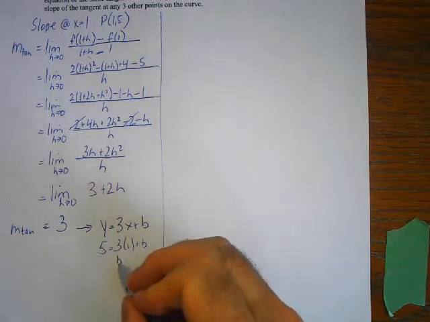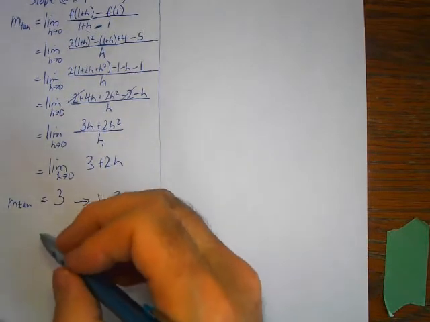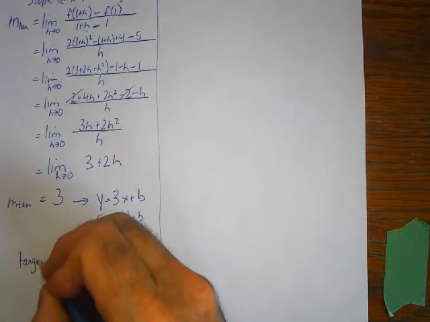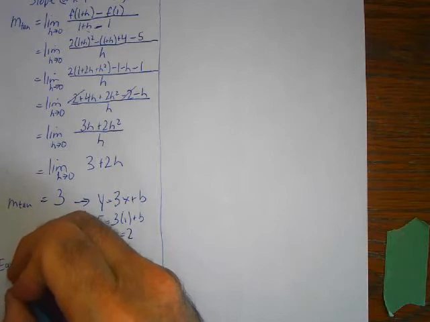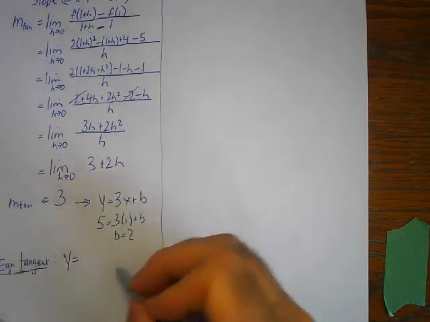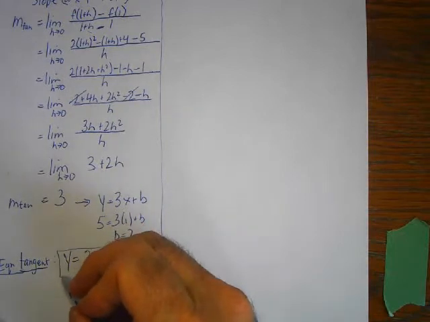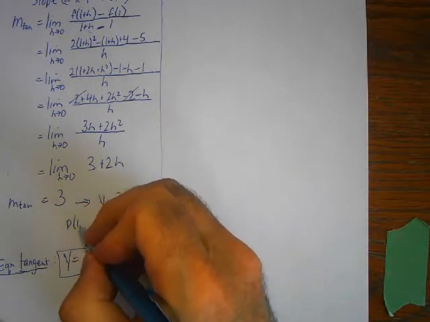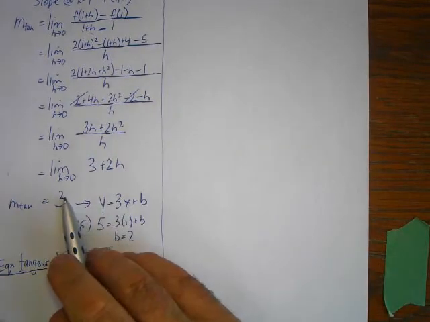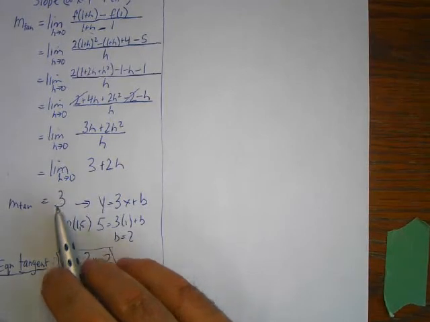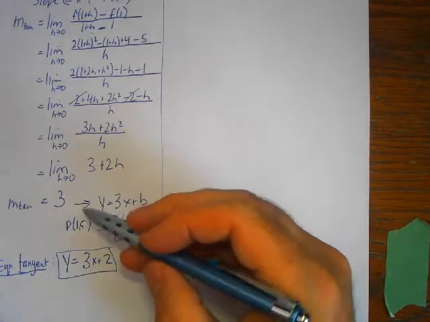And therefore, the equation of the tangent is y equals 3x plus 2. So I plugged in 1, 5 here. That's the slope of the tangent at point P, and for the equation of the tangent, we just used the slope, plugged in the point that's on the tangent, and that's our equation.